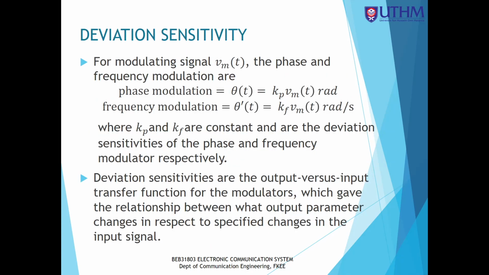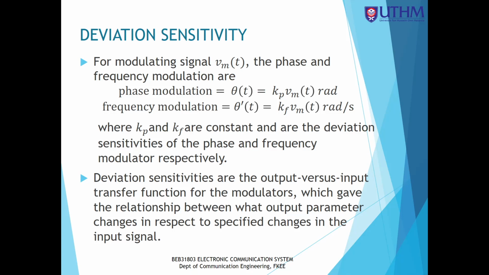So we have seen what is theta t, what is theta prime t. So theta t is kp vm(t), theta prime t is kf vm(t). So kp and kf are the phase and frequency deviation sensitivity parameters.